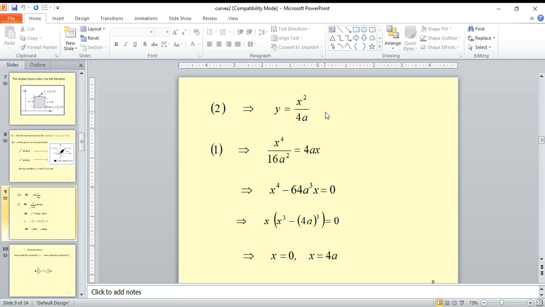So take everything to one side: x power 4 minus 64 a cube x equal to 0. Take x as common: x into x cube minus 4a cube equal to 0. This implies x equal to 0, and x cube minus 4a cube equal to 0. This implies x equal to 4a and x equal to 0.